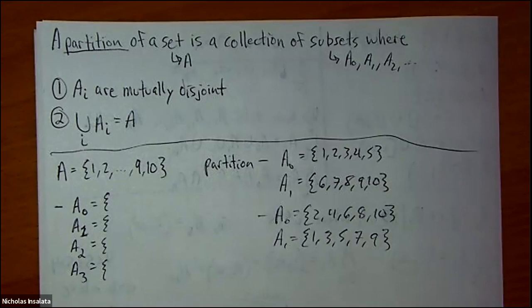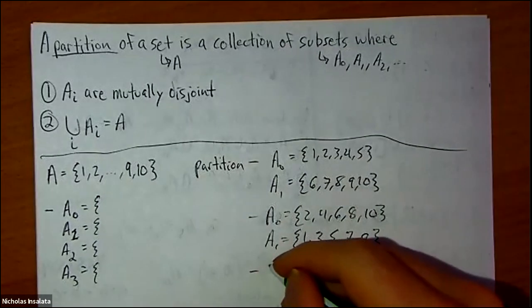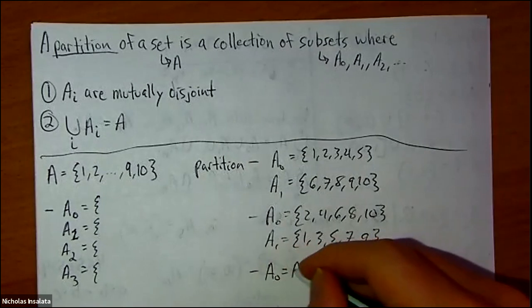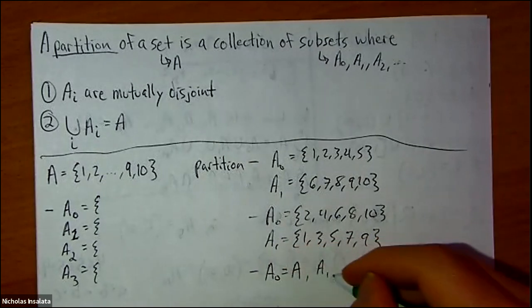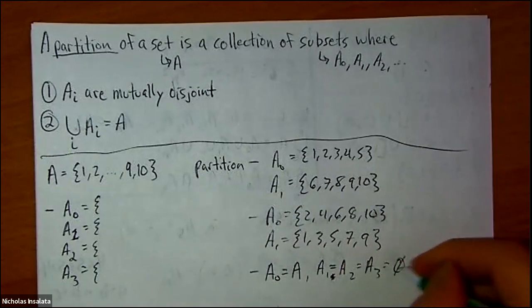Yeah, A and 3 empty sets works. Yep, absolutely. So let me do another one here. I could do A0 equals A, and A1 equals A2 equals A3 is empty.